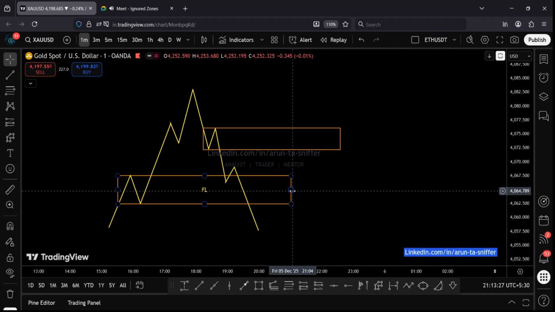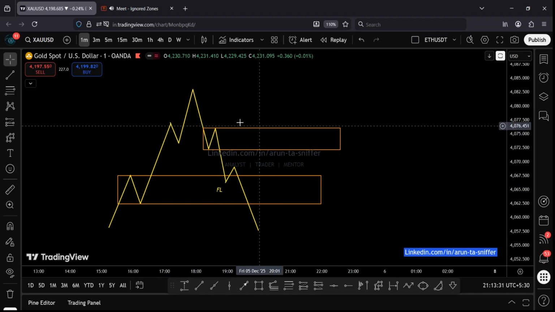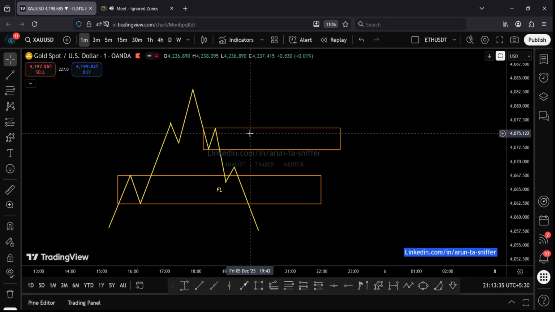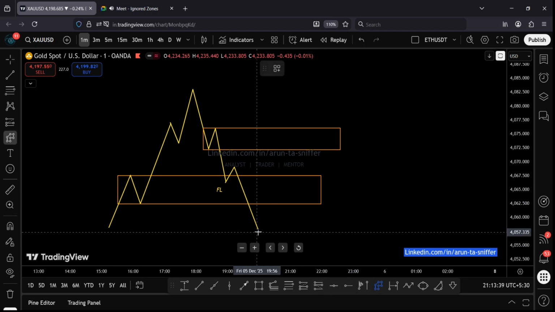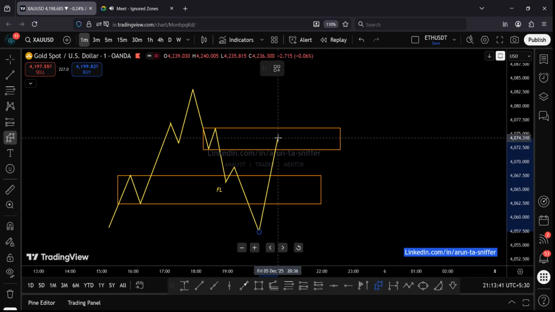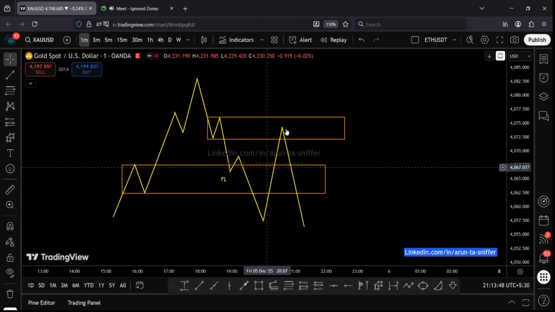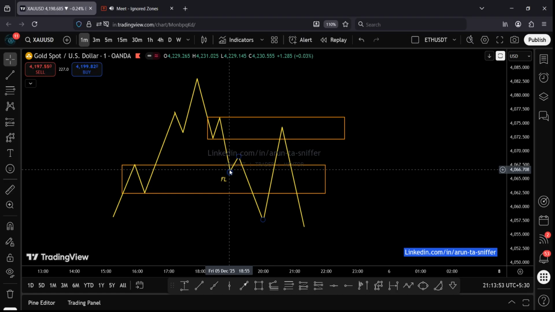This FL was ignored here. So in future, when price goes back to this FL, the price may react from this FL and we can trade it. This is when the price did not reach the target after reacting to the FL.